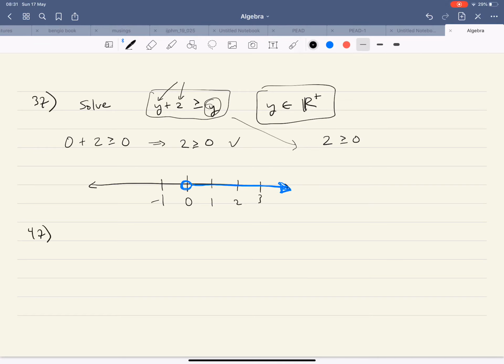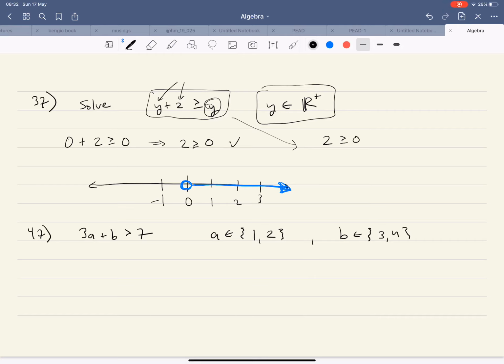Number 47 asks us to take a look at the expression 3a plus b greater than 7, where the domain of a is 1, 2, and the domain of b is 3, 4.